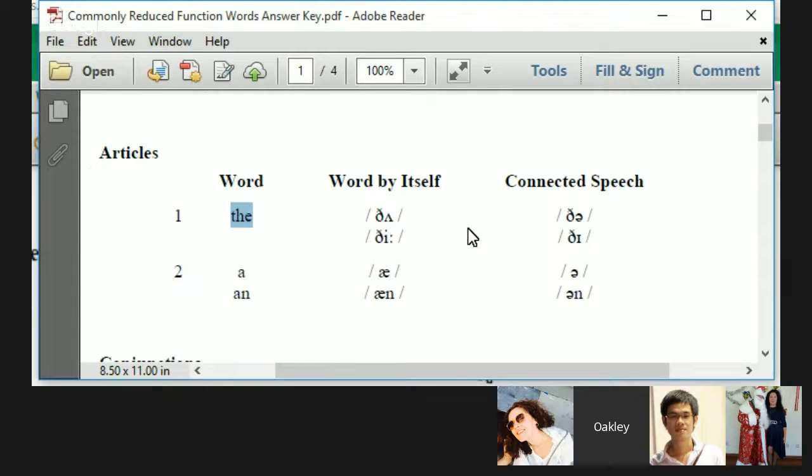Sometimes we use the dictionary pronunciation because it connects better. Sometimes we use a reduced form. Whatever connects better, that's the whole point behind doing this. By connecting better, we can push through the function words more smoothly and get to the content words.